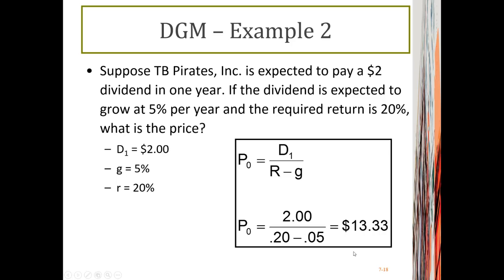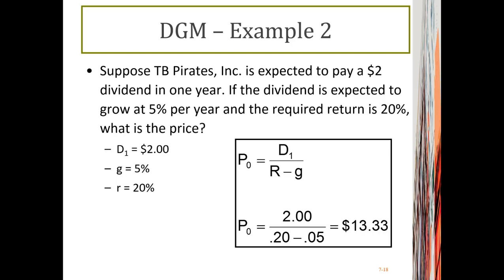All right, here's another trick that you need to pay attention to in terms of calculation. Let's say P0 equals $2 divided by 20% minus 5%, that is 2 divided by 0.2 minus 0.05. How do you operate this on your calculator? Many people start with 2 divided by 0.2, then minus 0.05. In that case, you will get the wrong answer, because essentially what your calculator does here is 2 divided by 0.2, then minus 0.05.